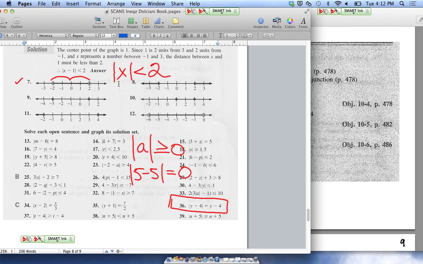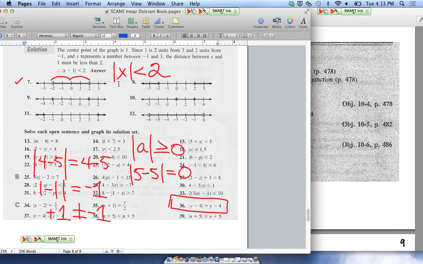But it's not okay for me to have something like the absolute value of 4 minus 5 is also equal to 4 minus 5. That would mean the absolute value of negative 1 is equal to negative 1, and that is not true. The absolute value of negative 1 is positive 1, and that does not equal negative 1. And absolute value cannot be negative.